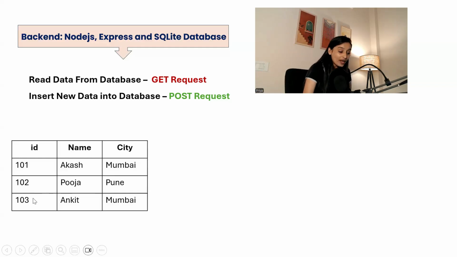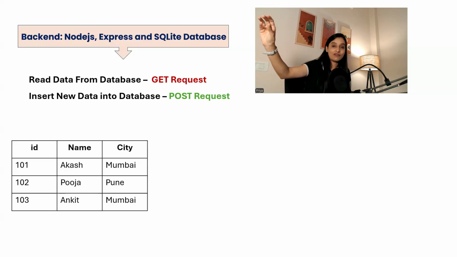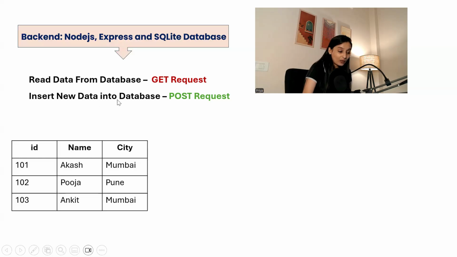So one new entry will be added into the Facebook database. When I submit the form, one request will go to the server and along with that request, some data also will be sent. The type of request in which we send data to the server is the post type of request. So whenever we are submitting forms, either your login form or sign up form, we are sending post type of request to the server.